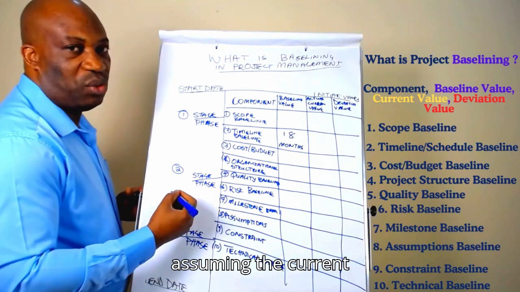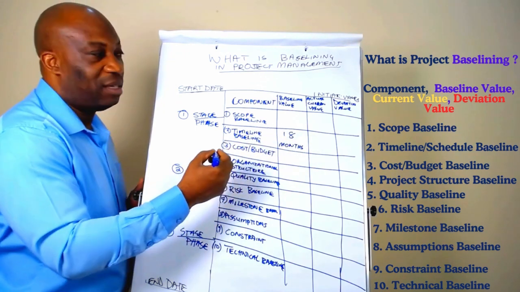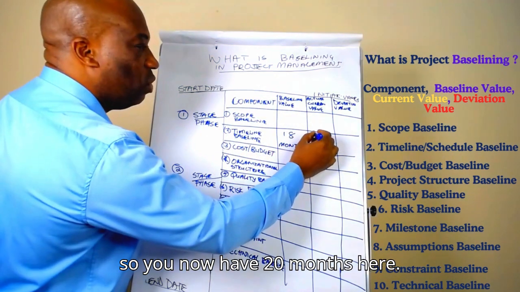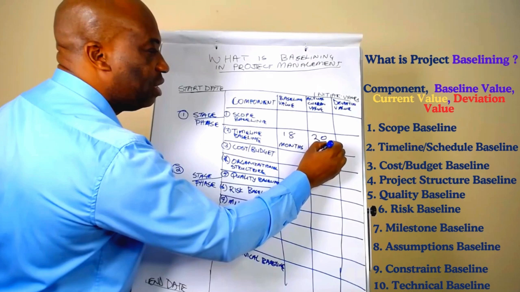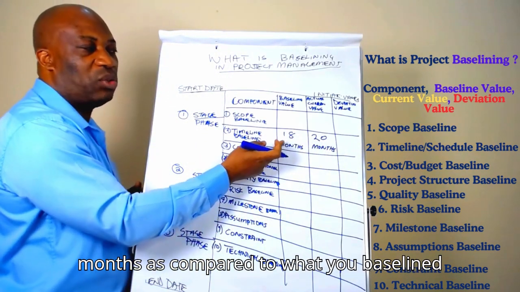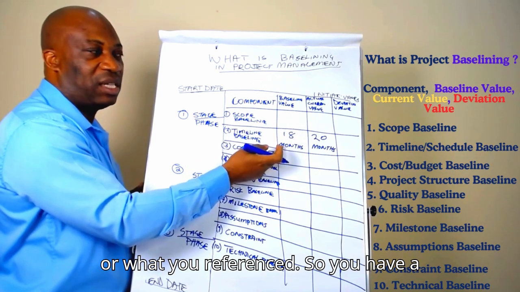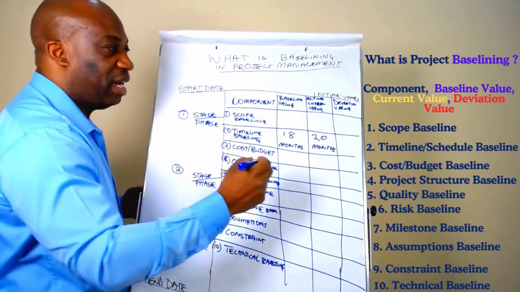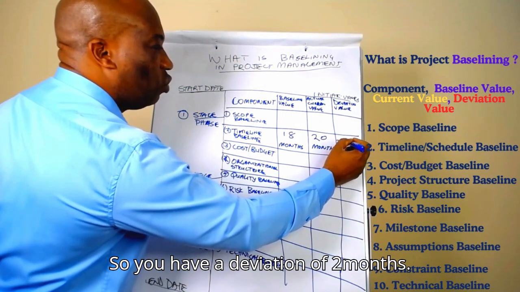Now, assuming the current value for the timeline is 20 months. So you now have 20 months here. What it means is you have spent more months as compared to what you had baselined or what you had referenced. So you have a deviation of minus 2 months as of today. So you have a deviation of 2 months.